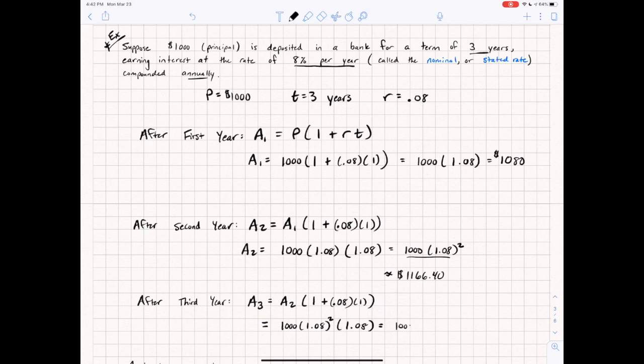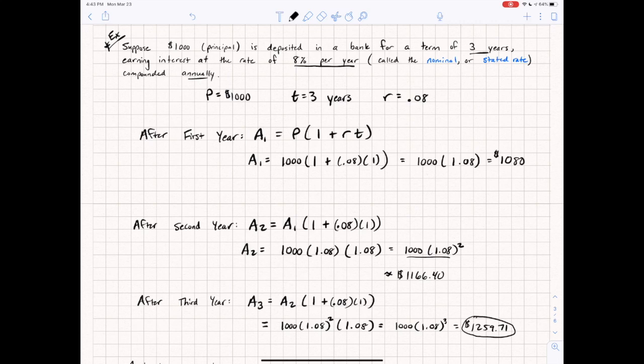So this is 1,000 times 1.08 to the third, which comes out to be, plugging this in the calculator, approximately $1,259.71.